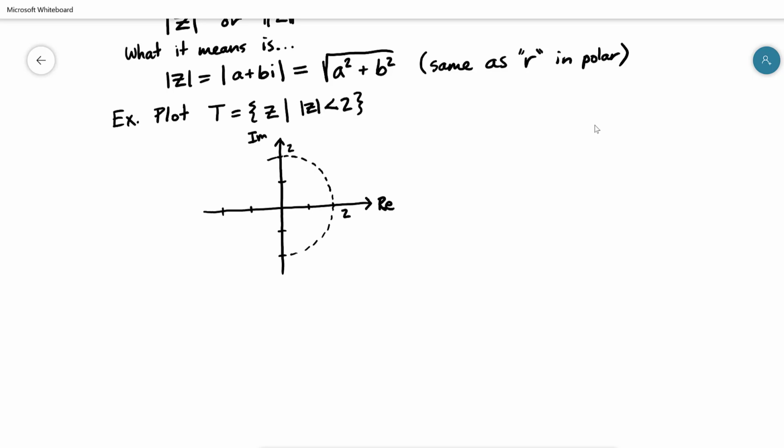That is the region that we're dealing with. So let me draw my circle a little nice, and I'll come back and fudge where I put this hash mark there so it actually looks semicircular. Okay, so there is basically the border of this thing, and we're interested in the entire interior region of this shaded circle. So that's the set of all points in our complex plane where the modulus of the point is less than 2. The distance from the origin is less than 2.